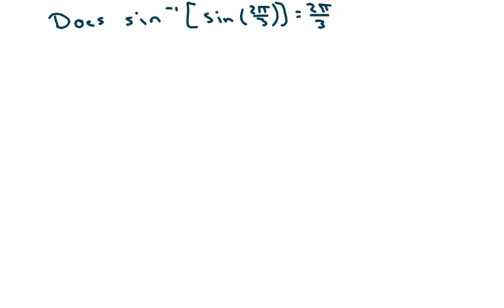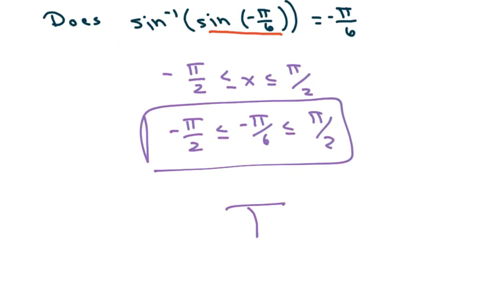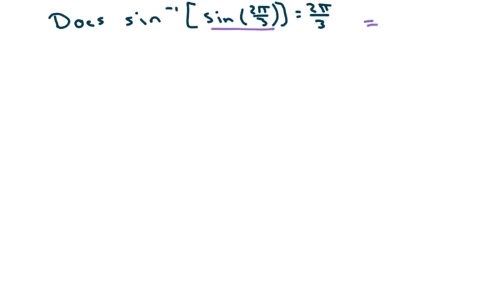Alright, next one. We look at our inner function, and again, if you go back to the table, there is no 2 pi over 3. 2 pi over 3 is right here in quadrant 3. So basically, that's a false.